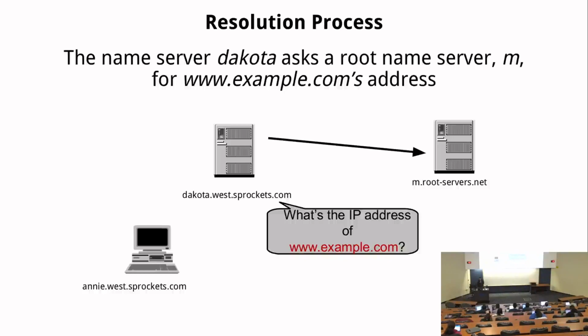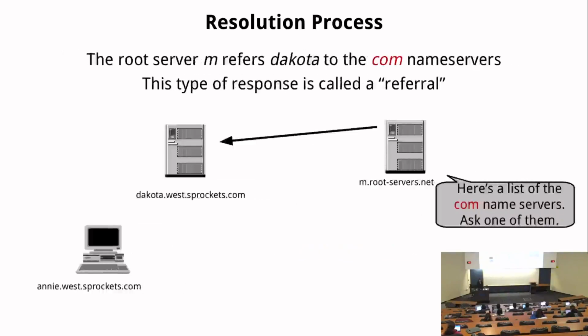So it will ask one of the root servers. Like we said, we have 13 root servers. Somehow it knows the root server's IP address, then it directly asks the root server, what is the IP address of www.example.com? Then the root server will say, I don't really know the IP address of that, but I know that this domain name belongs to .com, and I know who the name server for .com is.